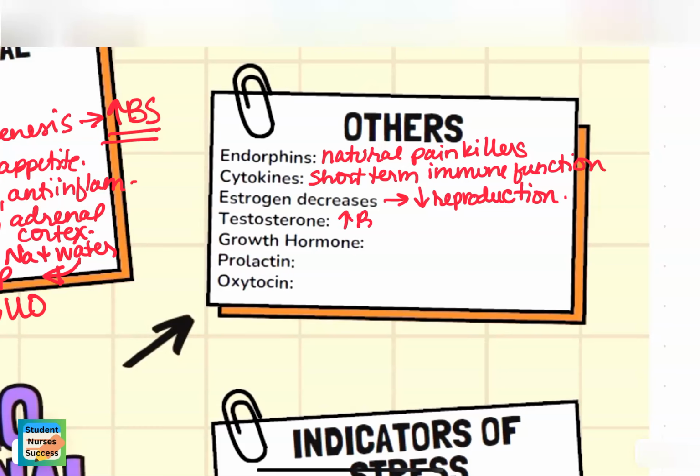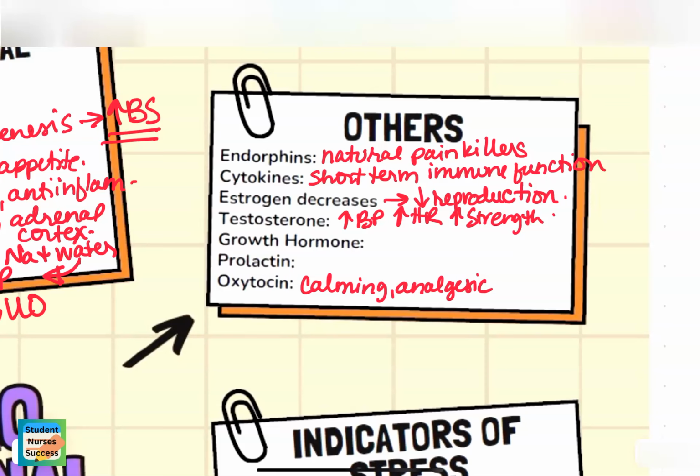Testosterone actually increases blood pressure, increases heart rate, increases strength. And I'm going to jump down here and talk about oxytocin, which has a little bit more of a calming analgesic effect. This is why male and female may react differently to stress because of these hormones.